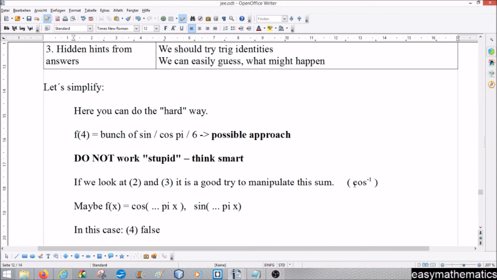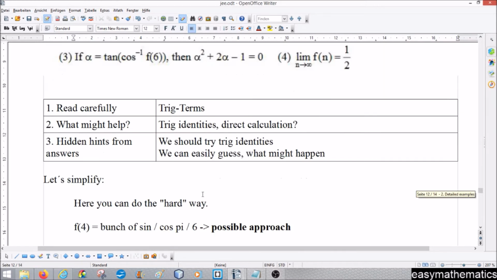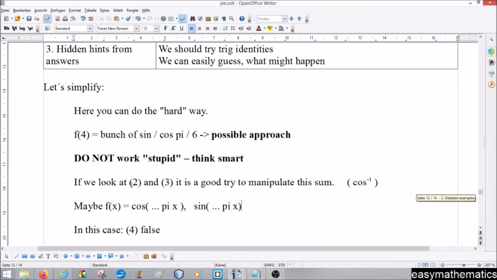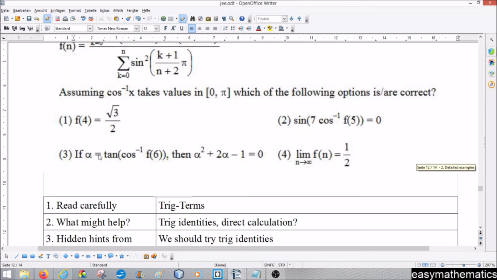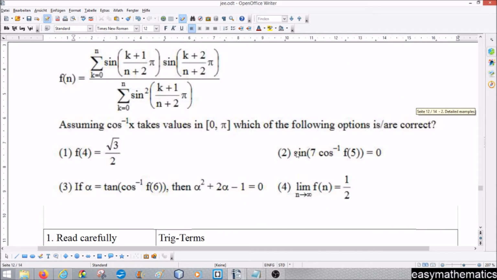Also this cosine minus 1, maybe we get some nice function, cosine of something times pi x, or maybe sine of something times pi x. And what you also know is, if 2 and 3, or maybe one of them, is true, then we know 4 is false.